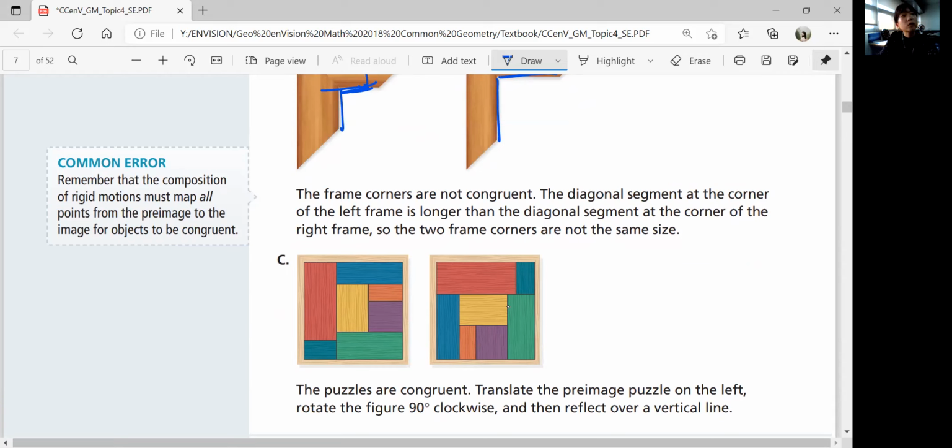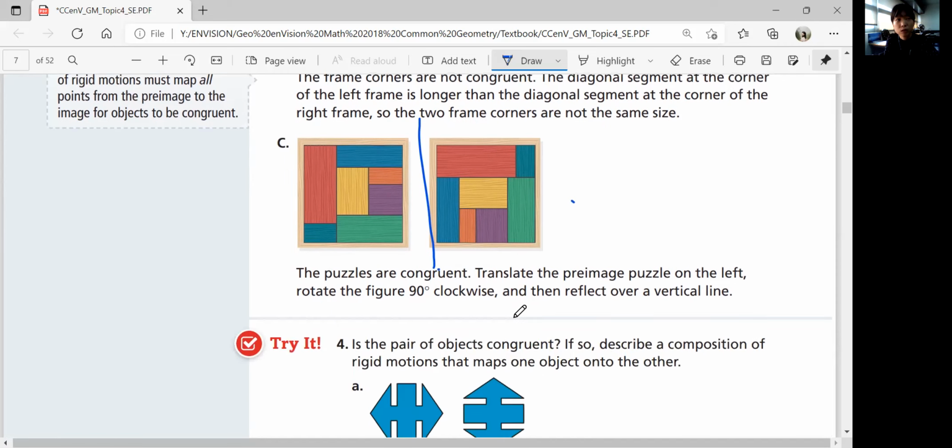Yeah, we can do both. You can translate the pre-image puzzle on the left, rotate the figure 90 degrees clockwise, and then reflect over a vertical line to get this one. So yes, they will be congruent. All the colors and patterns seem to match using the rigid motions.